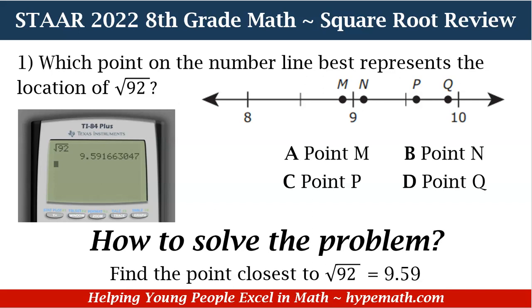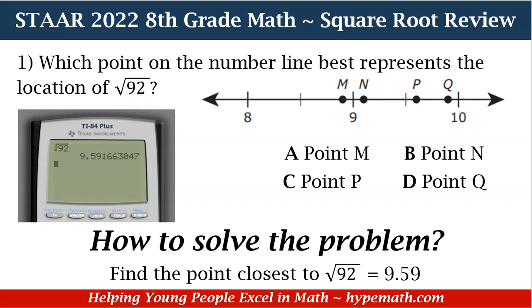And between 9 and 10 there's a hash mark that's 9.5. Since our answer is 9.59, we know that it needs to be close to that halfway hash mark between 9 and 10.